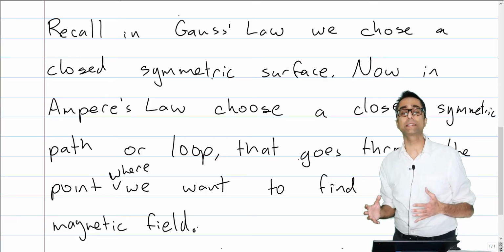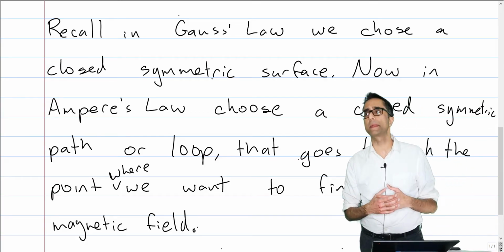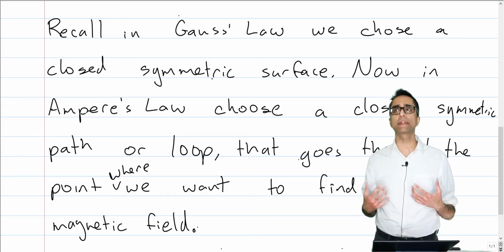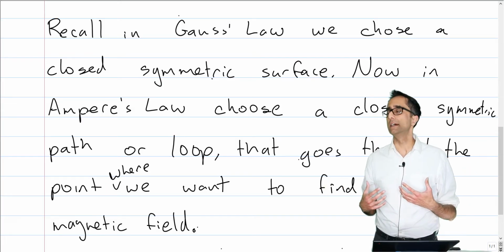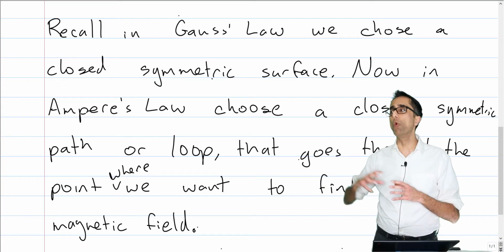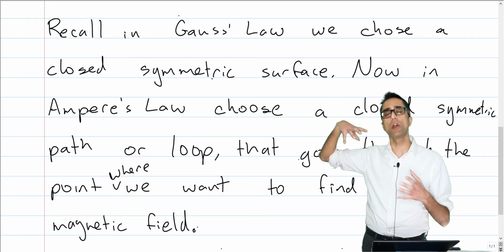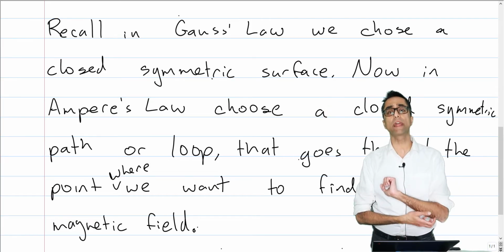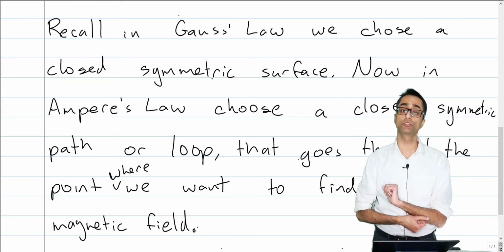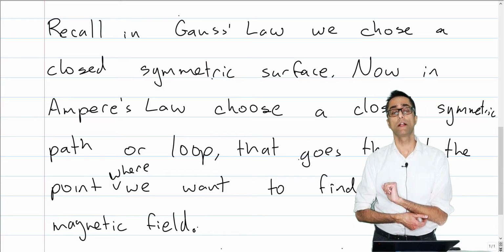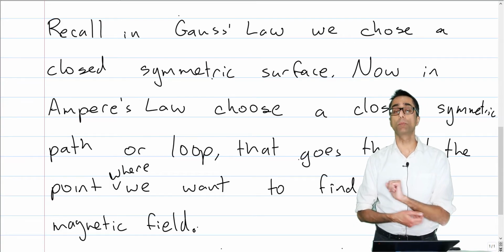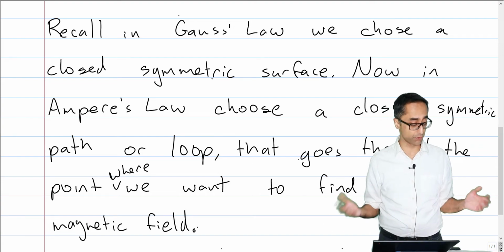Now, it should still be symmetric around that point, okay? We're not going to make some strange path, hexagon, or an oval where it's not really in the middle. Of course, when we have a cylinder, we're going to choose a circle. We're going to choose a circle that is a symmetric loop around the cylindrical wire.